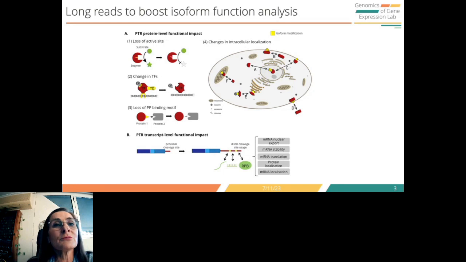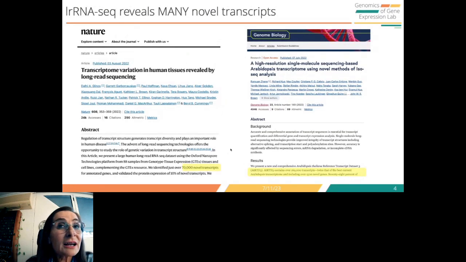But probably even more importantly, these technologies have revealed the existence of many novel transcripts, even in very well annotated organisms. And by many, I'm talking about tens of thousands of novel transcripts. For example, this paper on the GTEx collection using long-read sequencing with Nanopore reported the identification of 70,000 novel transcripts in human tissues.